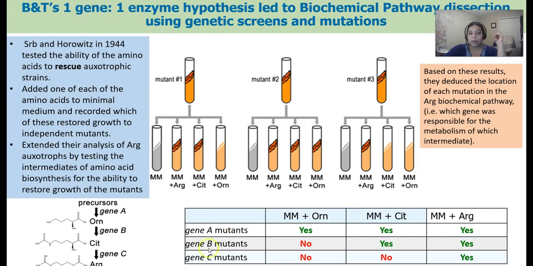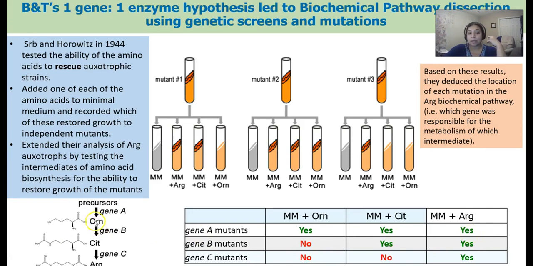And this time you had three mutants, and one of them grew regardless of whether arginine, citrulline, or ornithine was provided, and they were all fine. Gene B mutants, so mutants in a second mutation in that arginine pathway, couldn't grow when only ornithine was provided, but did grow when citrulline or arginine was provided.